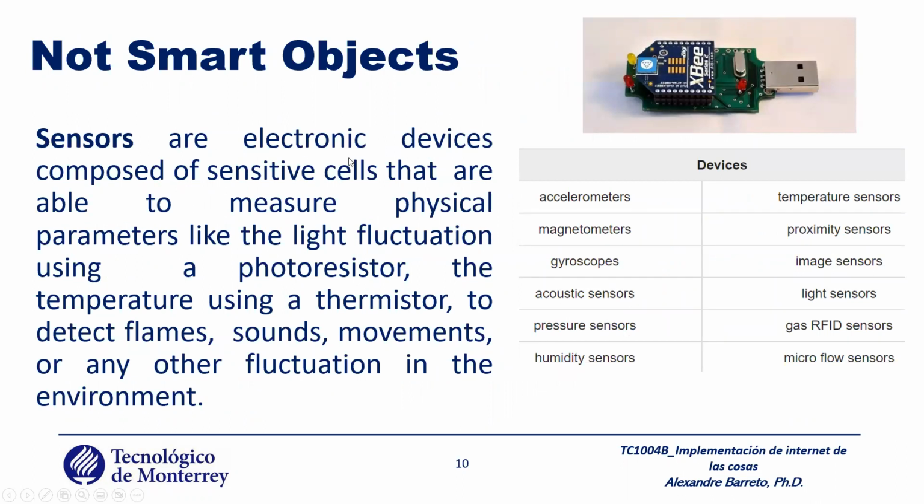So again, the sensors are electronic devices composed of sensitive cells that are able to measure physical parameters like the light fluctuation used for resistor, the temperature used in thermistor, detect flames, sounds, movements, and others. Okay, here you have a list of sensor devices.